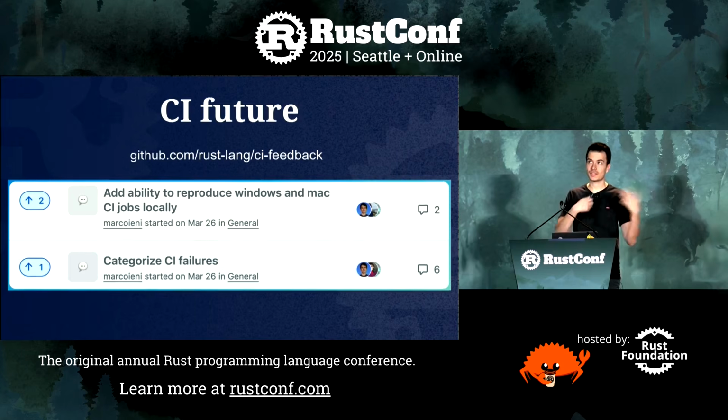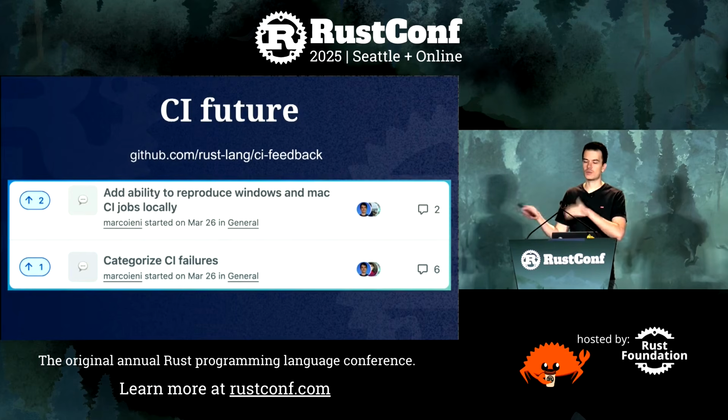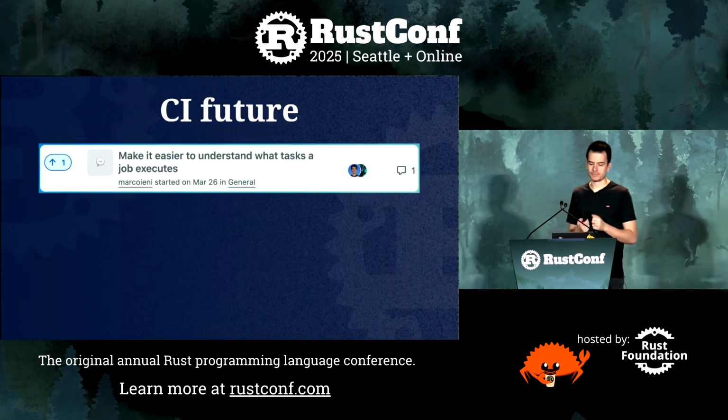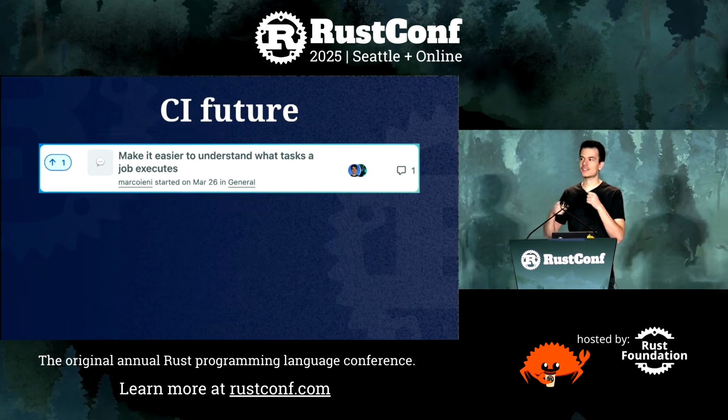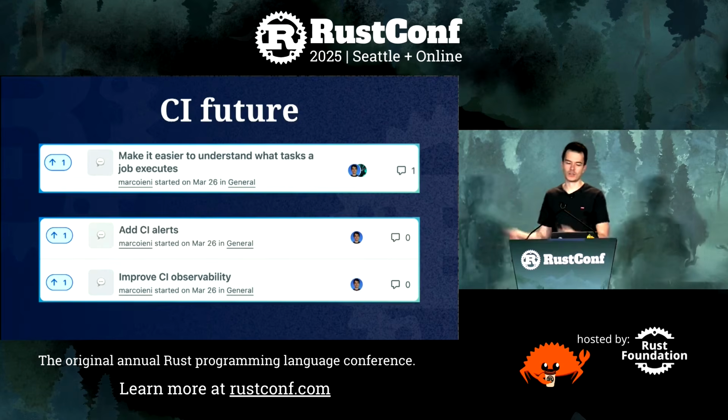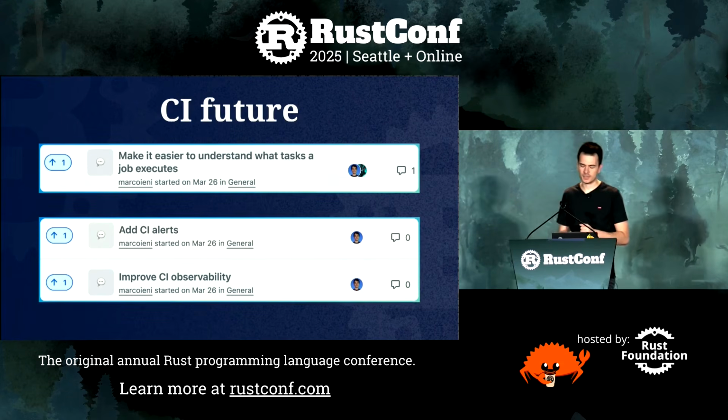We want to categorize CI failures, to understand, for example, what percentage of auto builds fail due to flaky tests. Or understand what tasks each job executes, or have alerts when the CI takes too long, improve observability, and so on.